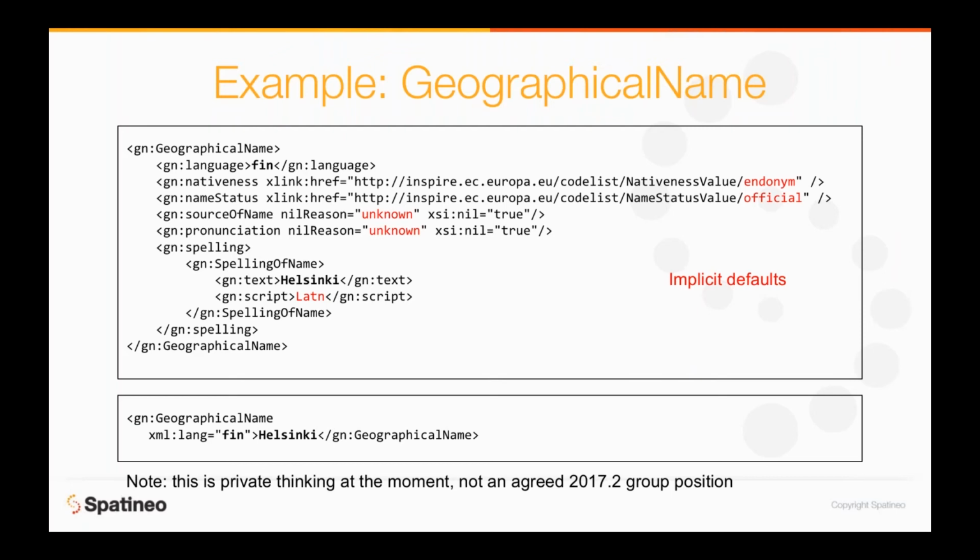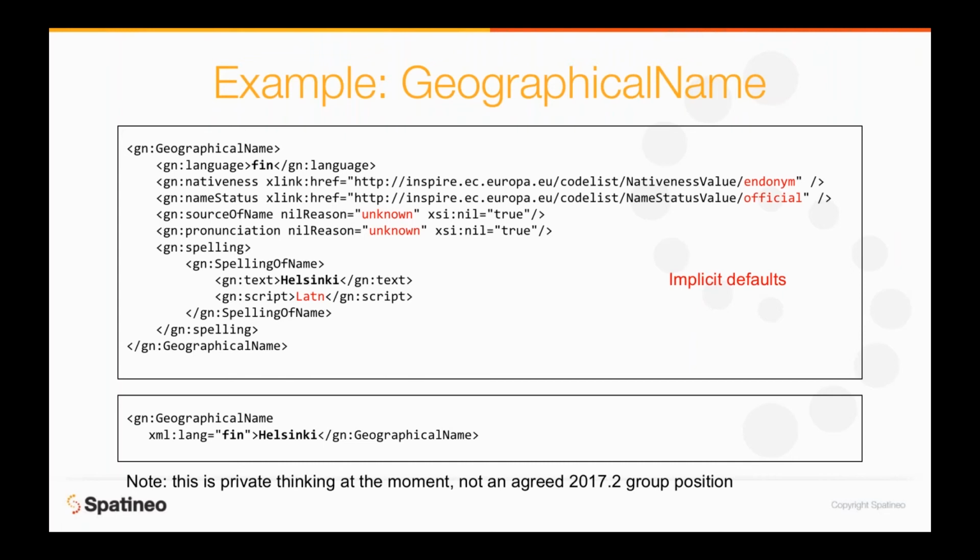It really gives the possibility to define in very fine detail a name of the place. So, for example, how the name should be pronounced, whether that's an official name of the place or something unofficial, and things like that.